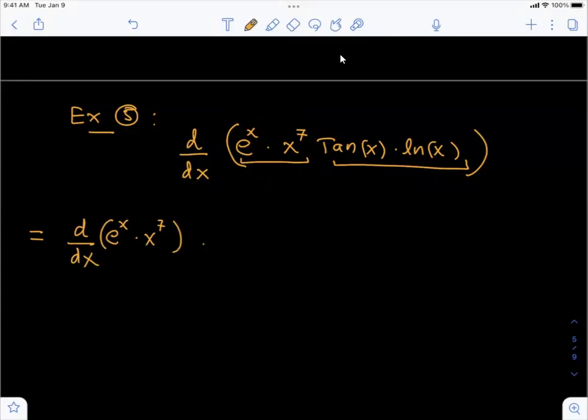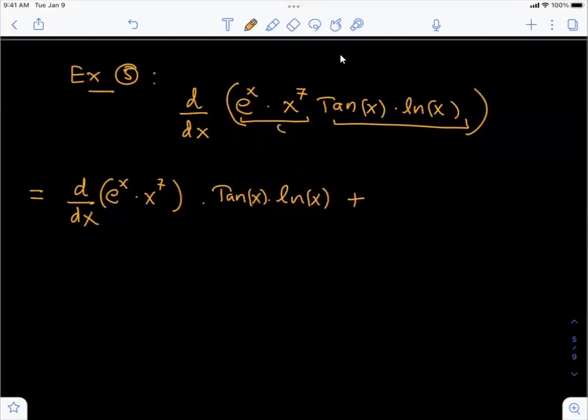This times the original second function, so I will just write it like tan x times ln x plus. The next step is to leave the original first function, e^x x^7, and then I am going to take the derivative of the second component.